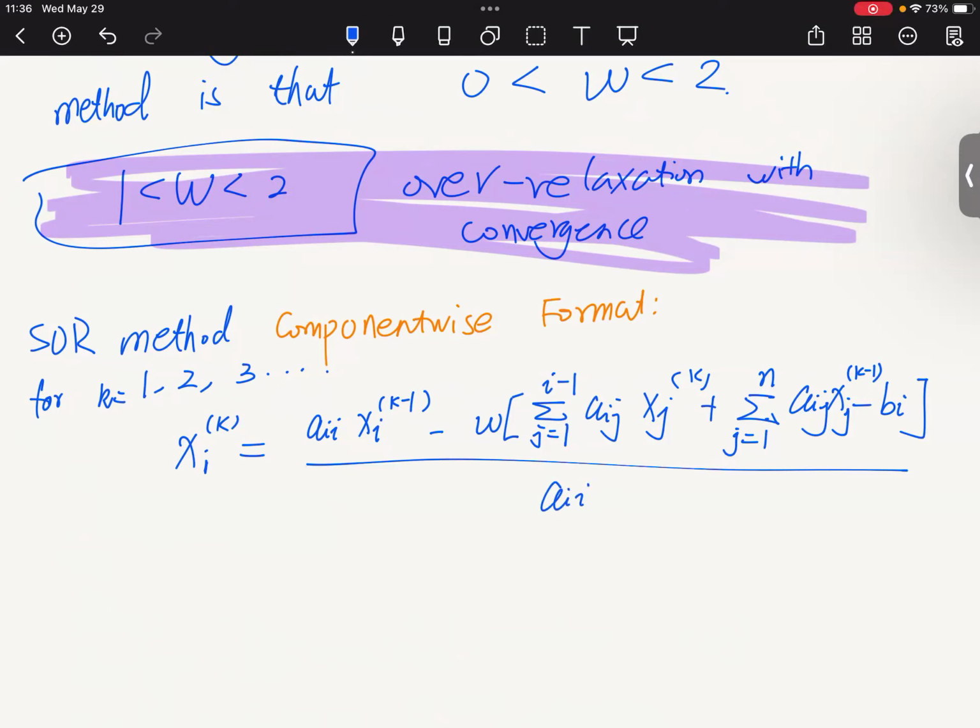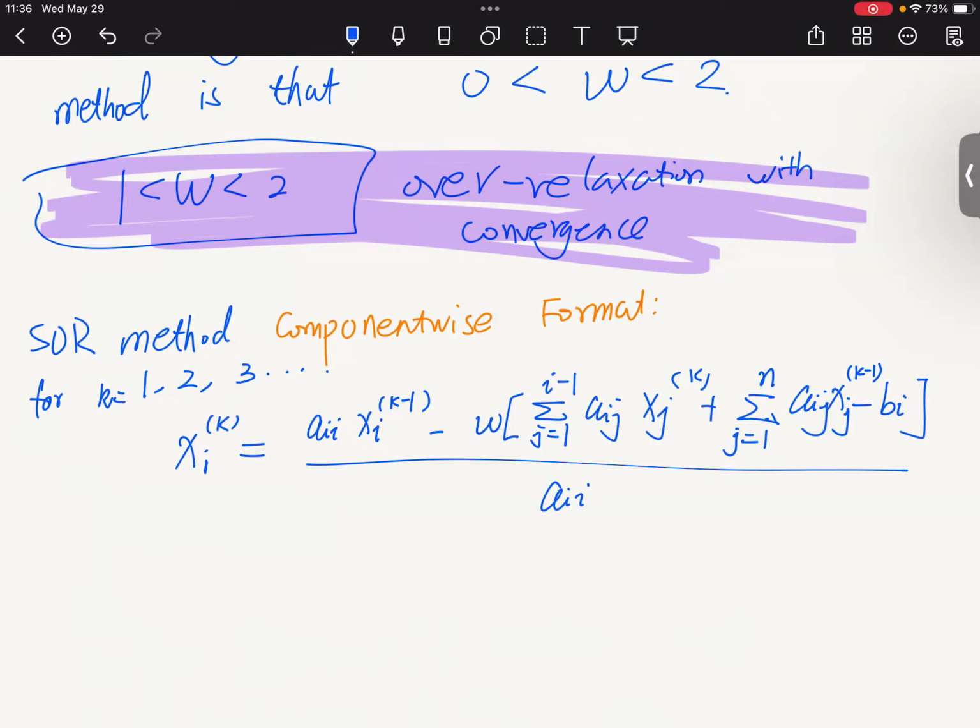If you compare to the Gauss-Seidel method, you will see that we have some extra terms, the x_i term, and we also have the omega in the expression. This is the weight parameter, and you should choose it wisely if you want better convergence. But usually in your exercise, the omega is given.